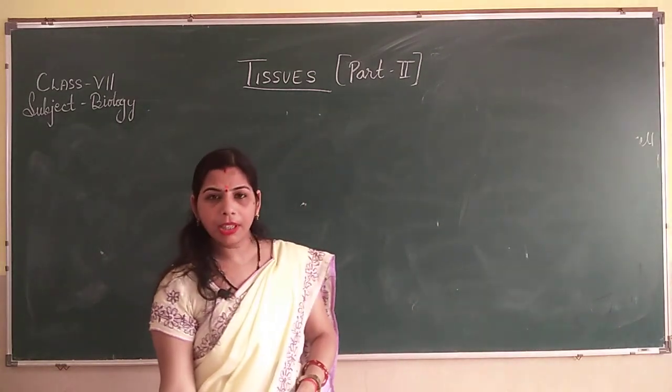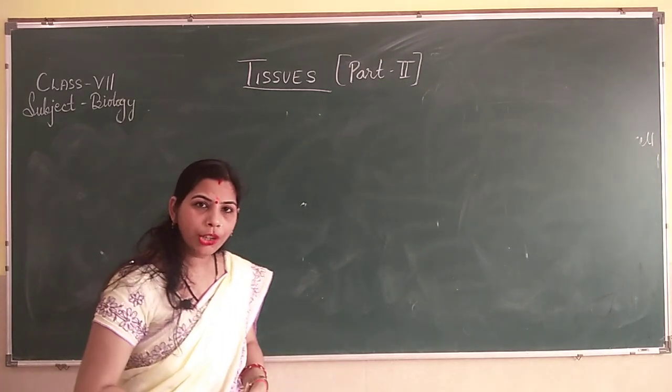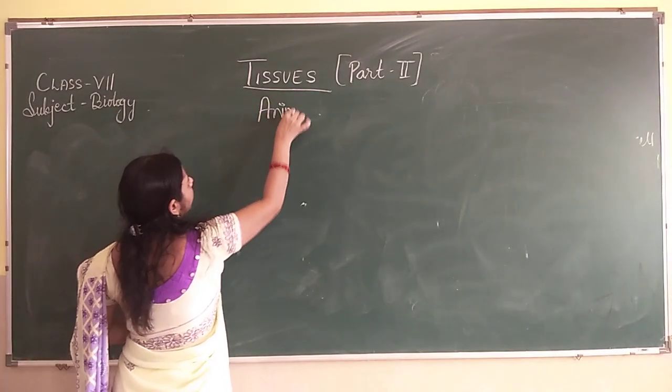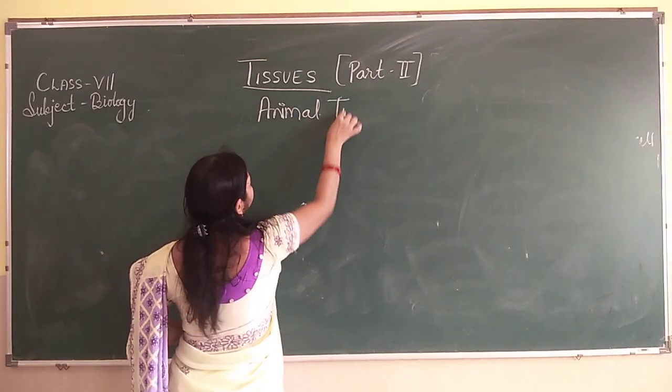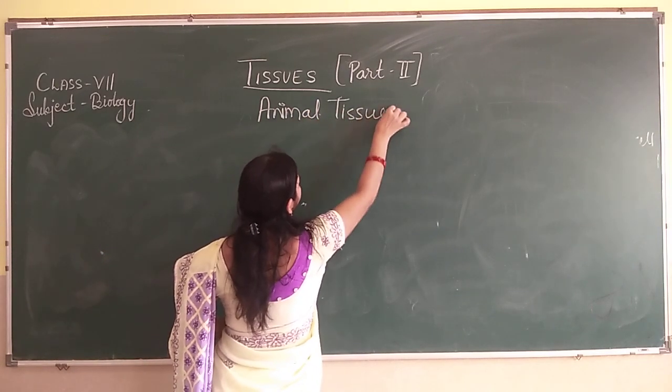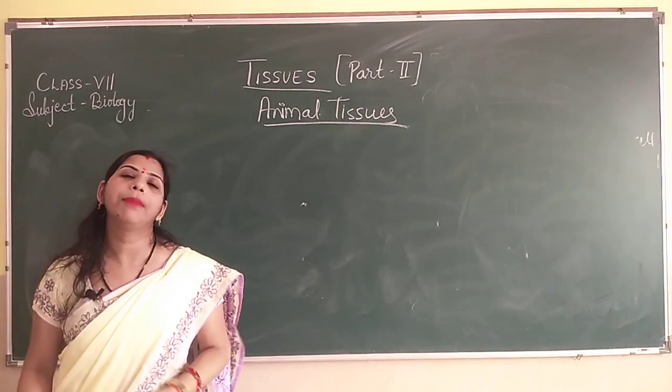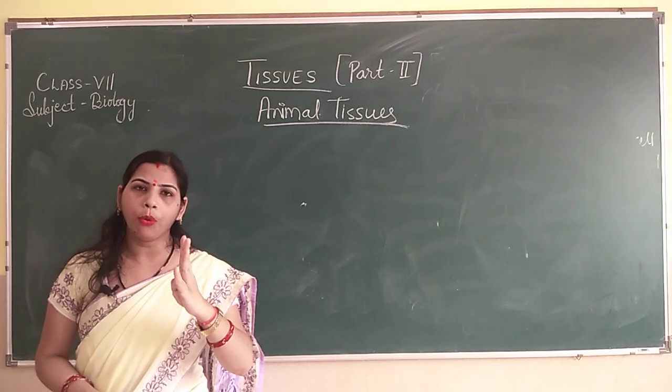The animal tissue means the tissues which are present in the animals. The animal tissue is of 4 types.